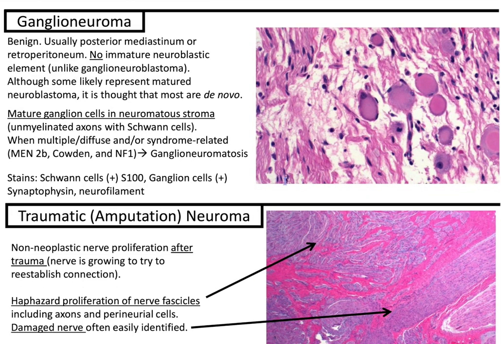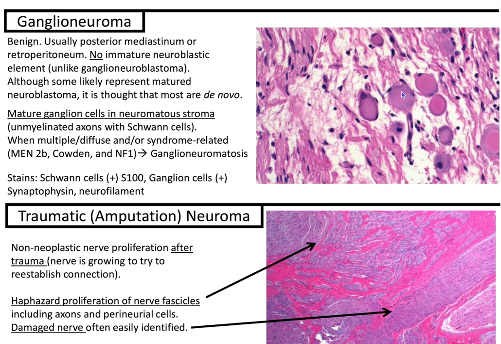Ganglioneuroma. This is benign, usually in the posterior mediastinum or retroperitoneum. You'll have no immature neuroblastic elements, unlike your ganglioneuroblastoma. Although some likely represent mature neuroblastoma, it's thought that most arise de novo. You have mature ganglion cells in neuromatous stroma.